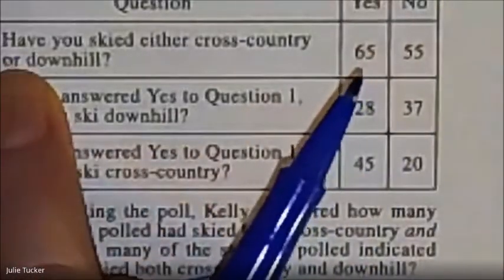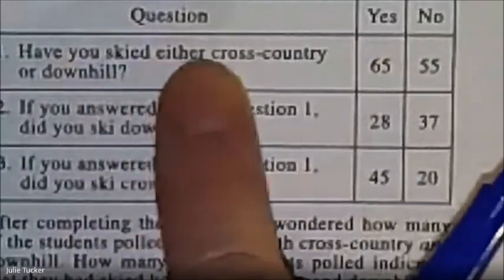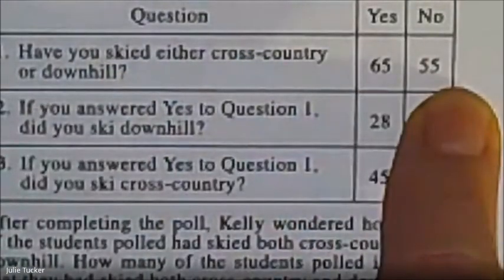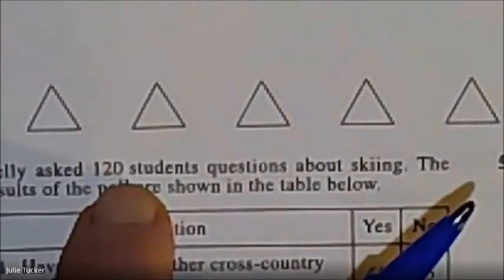So see where it says, have you skied cross country or downhill? And they said yes and no. Out of 120 people, 55 of them said no, they have not skied either one.